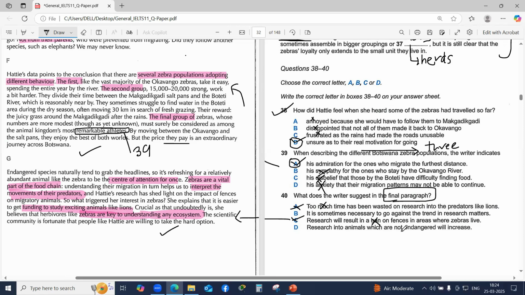Research into animals which are not endangered will increase. It is easier to get funding to study exciting animals like lions. So B versus D. Oh, there is one line here in G in the last. The scientific community is fortunate that people like Haiti are willing to take the hard option. It is sometimes necessary to go against the trend in research matters.